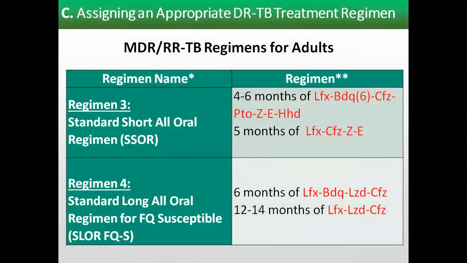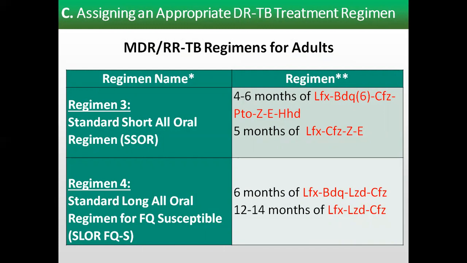Okay. So, now, I will introduce to you the different MDR or RRTB regimens for adults. As mentioned earlier, we have the standardized treatment. So these are the standardized treatment. So yung regimen 1 and regimen 2 natin is yung for DSTB. So regimen 3 to 6 is for the DRTB. So we'll start with the standard short all oral regimen or SSOR.